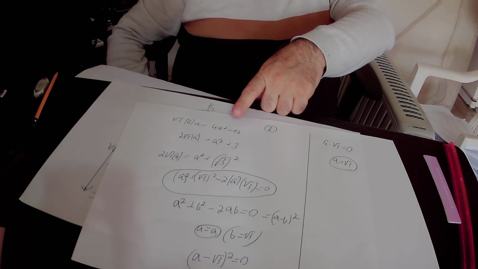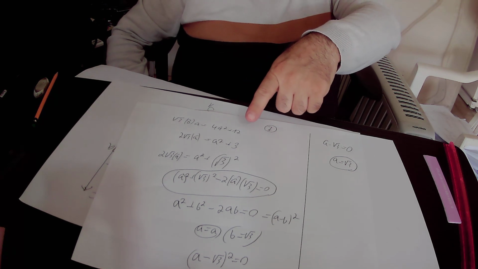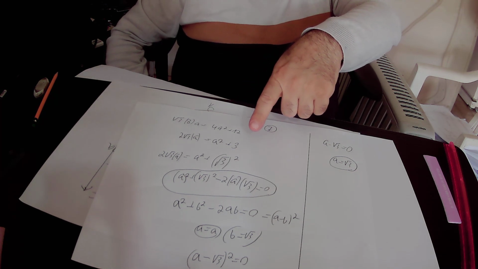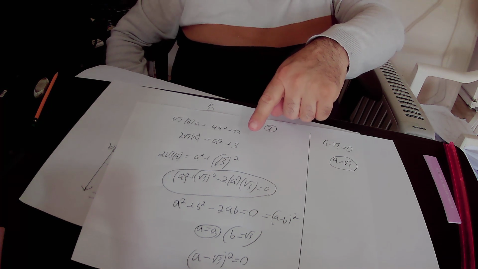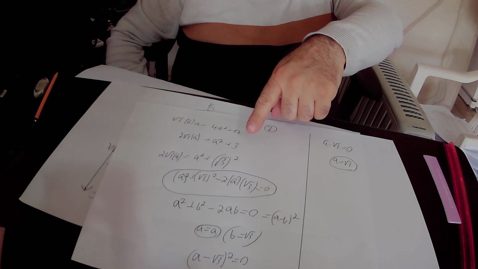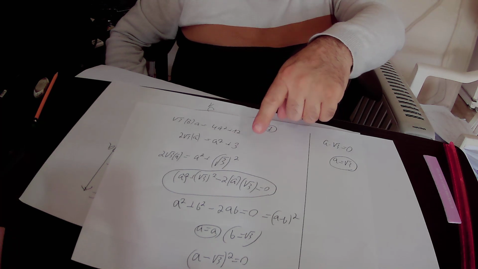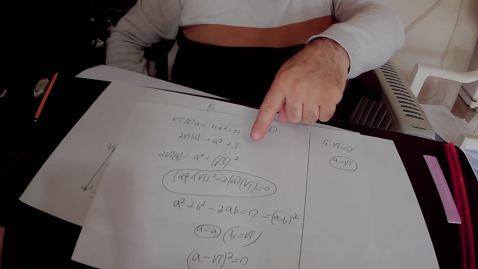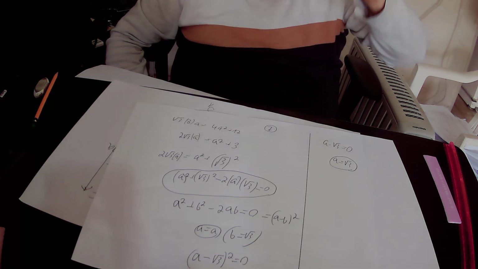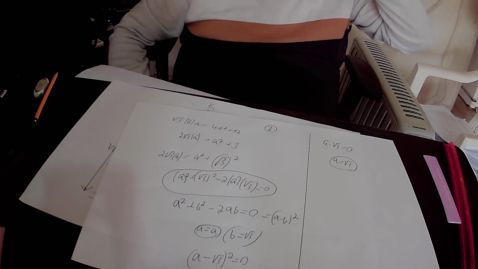So in conclusion we got that 2 times square root of 3 times A equals A squared plus 3. 3 is the square root of 3 squared, and A squared plus square root of 3 squared equals 2 times square root of 3 times A.